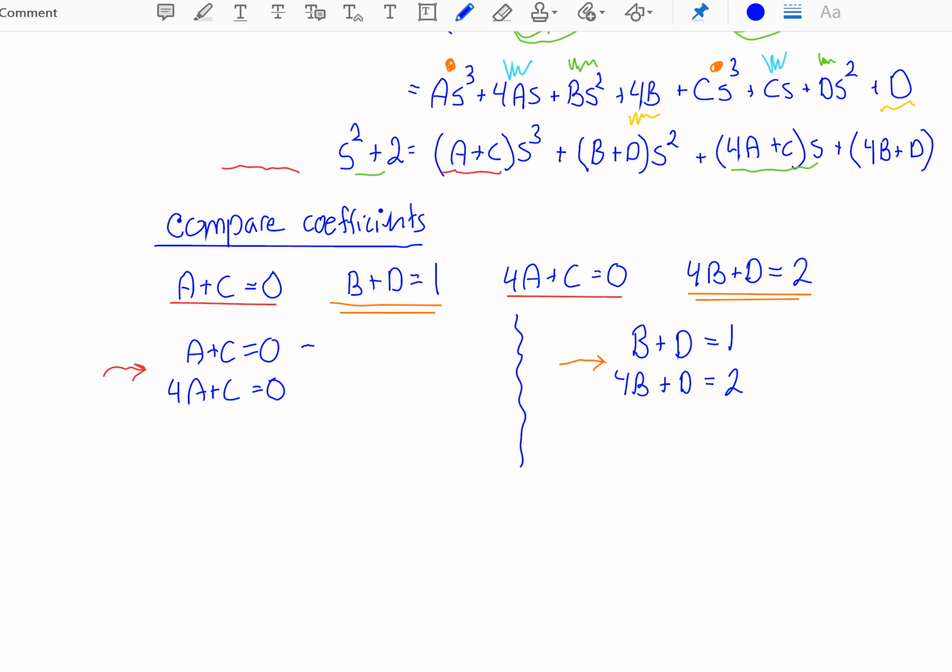I'm going to rewrite our first equation as c equals negative a, and substitute this value in for c in our second equation, to give 4a minus a has to equal 0, which gives 3a is 0, or a has to be 0.